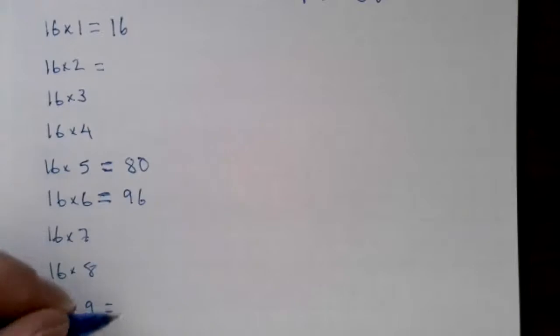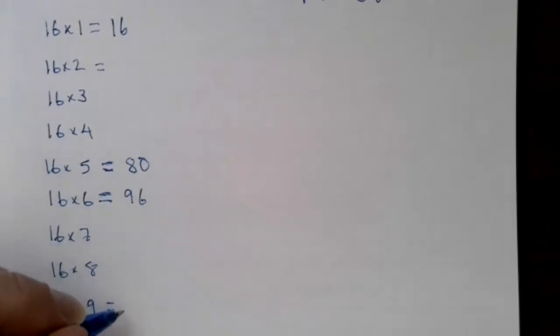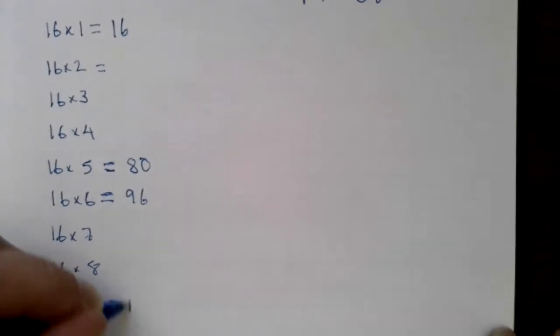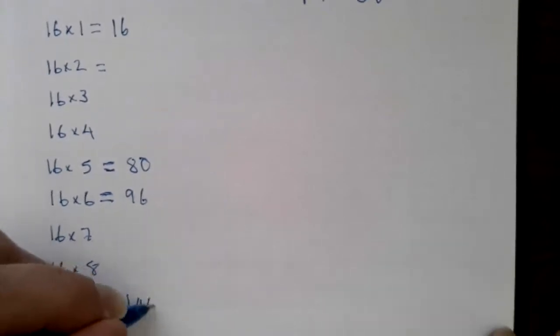Now we don't want 10 copies, so we've got to back off by 1 copy of 16. So I start with 160 and take away 16. 16 is 10 and 6, right? So if I do 160, take away 10, I'm at 150. Now take away 6, and we get 144.